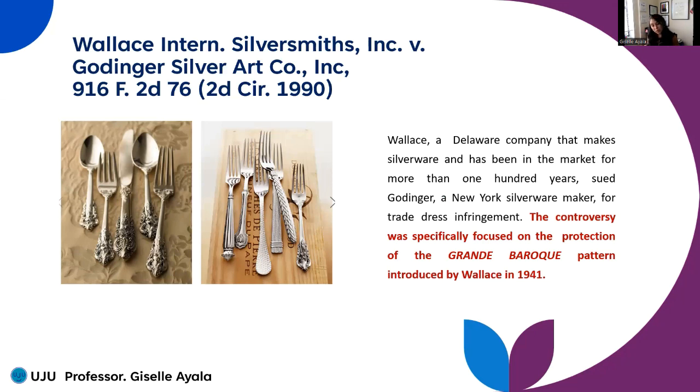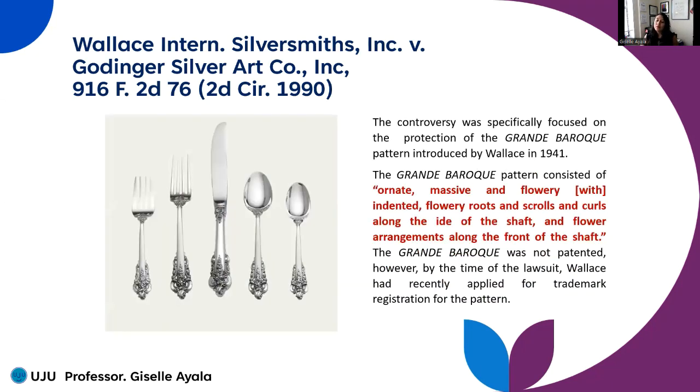However, according to the plaintiff, this was an infringement of the plaintiff's trade dress, and therefore the defendant was not entitled to manufacture this silverware in Baroque style. And the court explained that the way the plaintiff defined its trade dress was very broad.